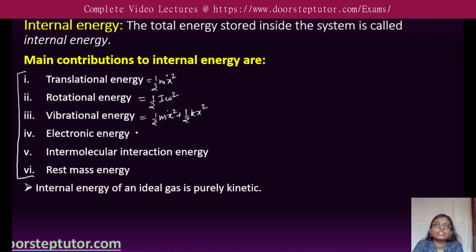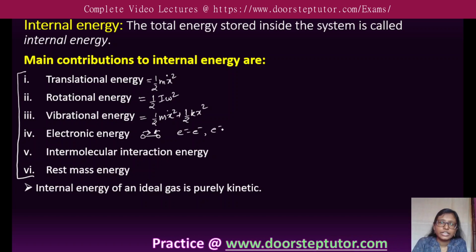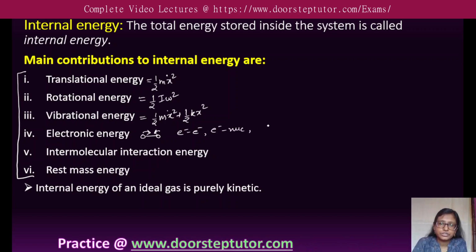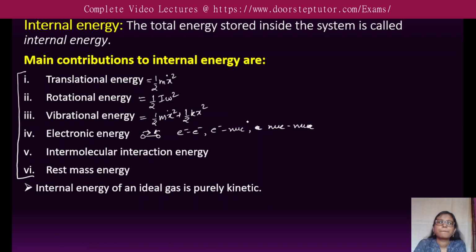Electronic energy is the energy possessed by the molecule due to interaction between its atoms. This can be due to electron-electron interaction, electron-nucleus interaction, then nucleus-nucleus interaction. Okay. So let's say initially it is at rest.